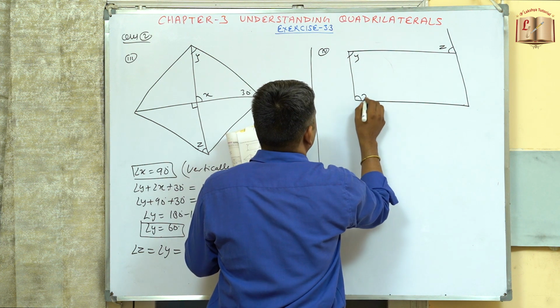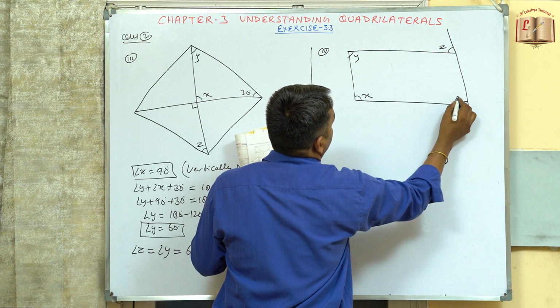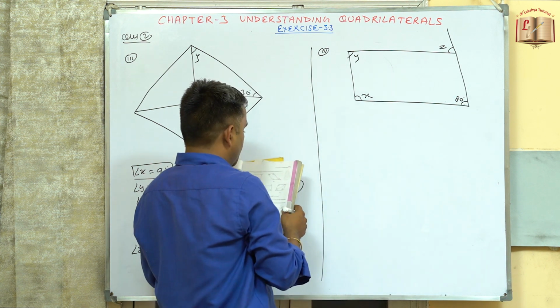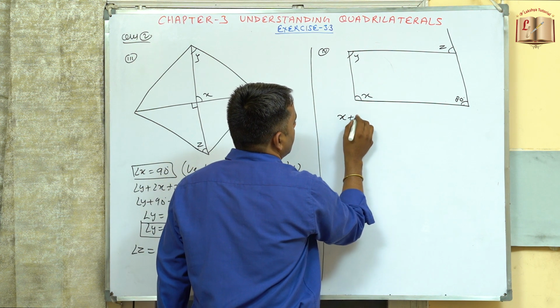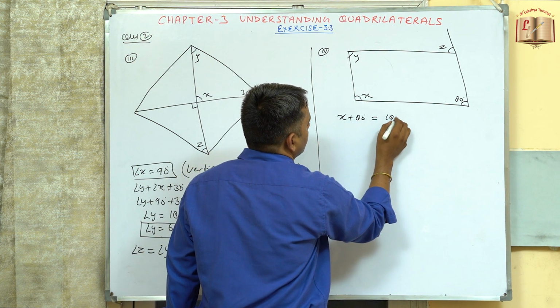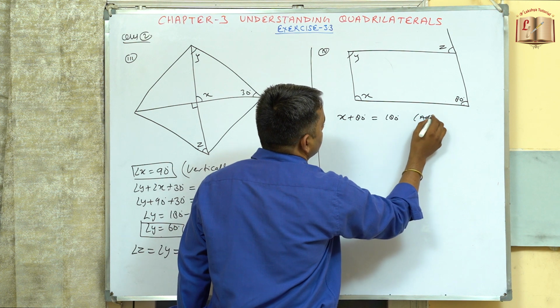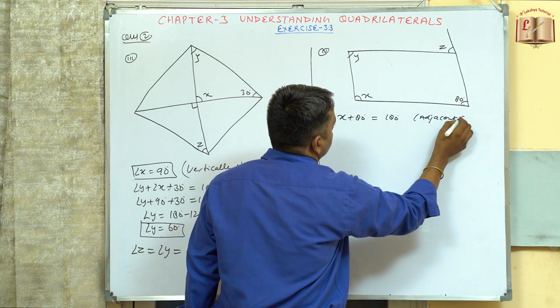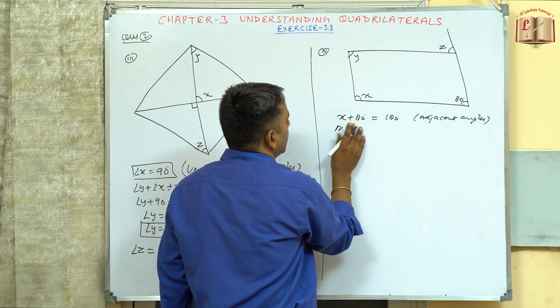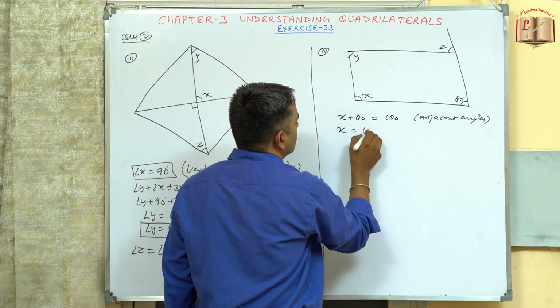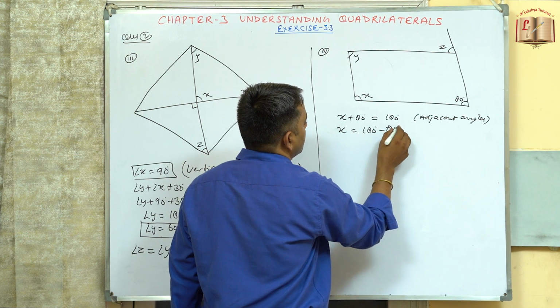So y, here it is x, and this angle is given as 80 degree. So angle x plus 80 degree will be equal to 180 degree, again adjacent angles. So we got angle x equals 180 minus 80.